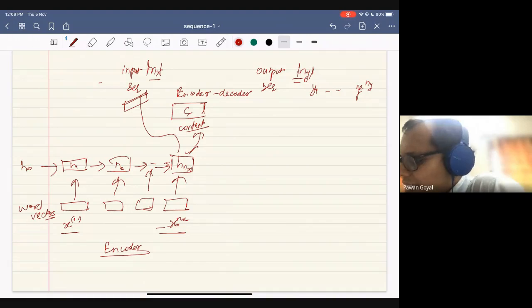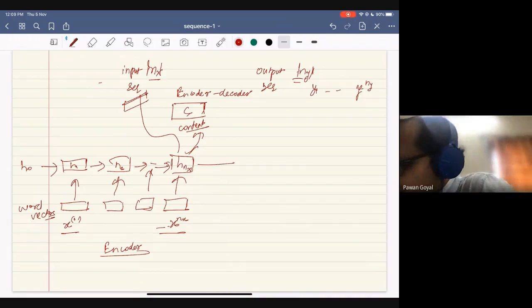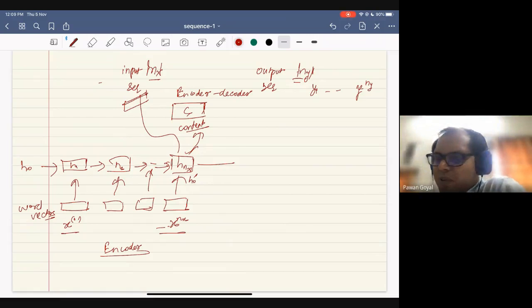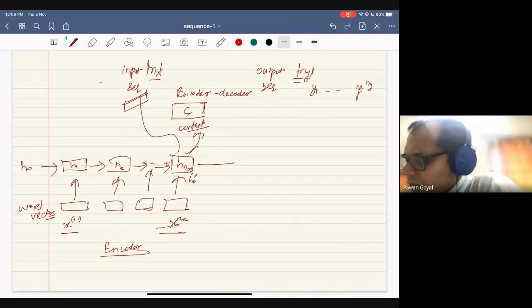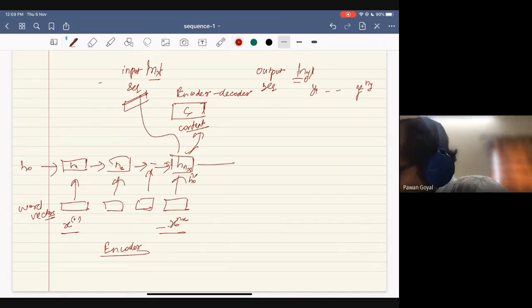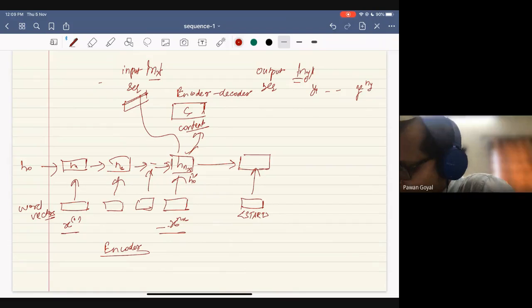So you can think as if you are creating a new RNN here, with this context being the initial state, this being H0 prime. Now you feed in the start token, and you use these two to generate your H1 prime.